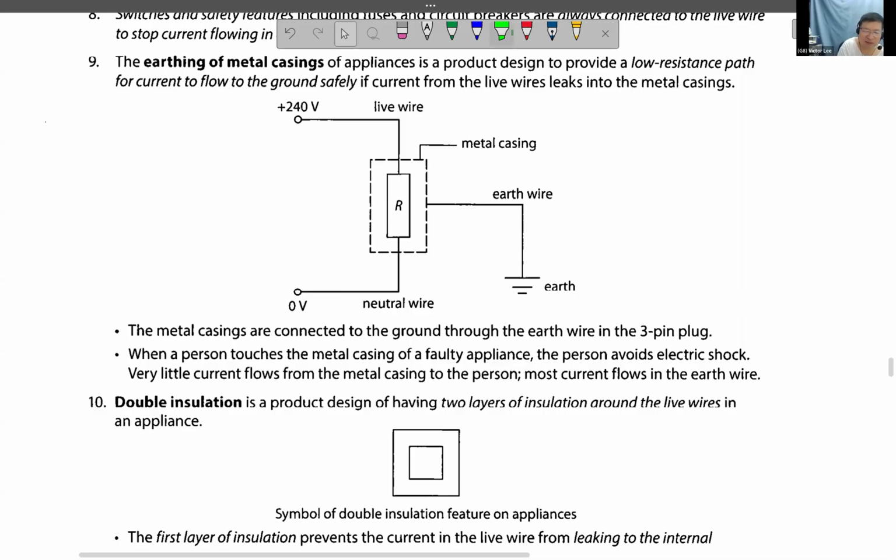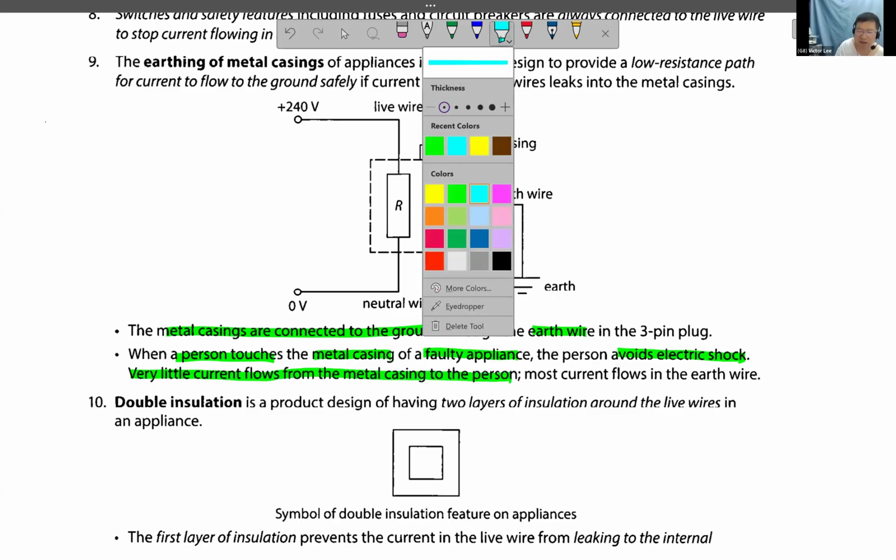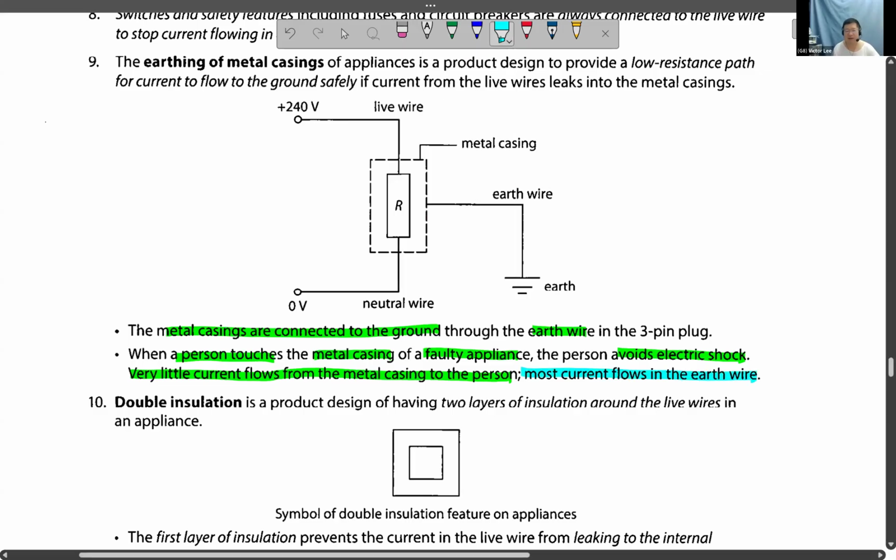Metal casings are connected to the ground through the earth. Why? Because very little current flows through the casing to the person. Most of the current already flows through the earth wire, because it's connected here.